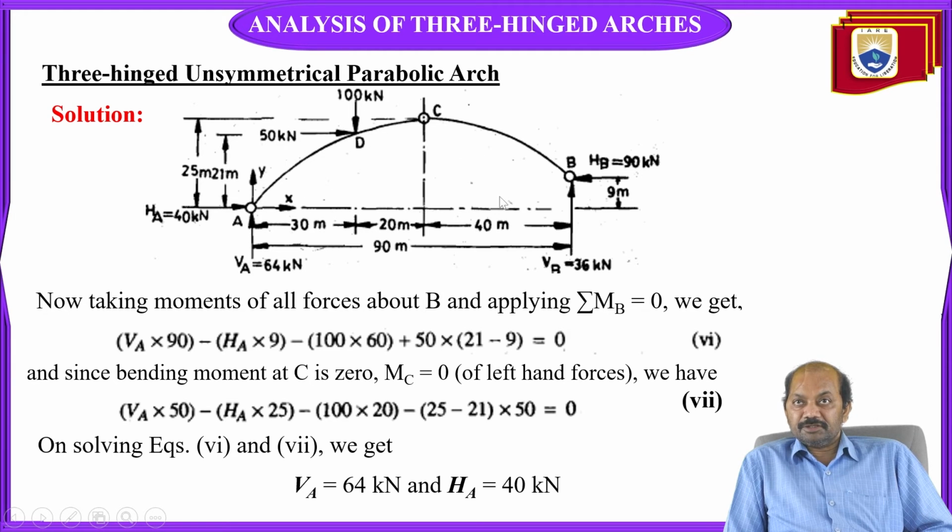VA is in this direction we have taken here in this problem. VA into 90 is clockwise direction, here we have taken positive. HA into 9, if we observe, is in anti-clockwise direction, so we kept a minus here.